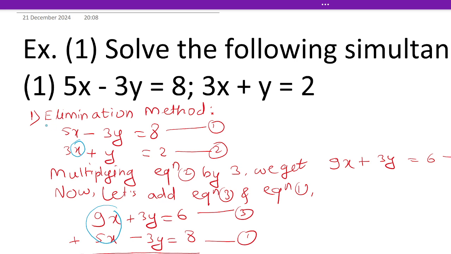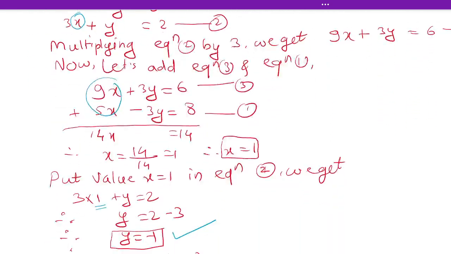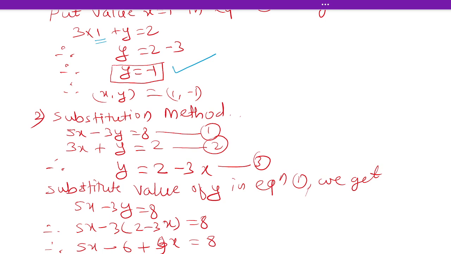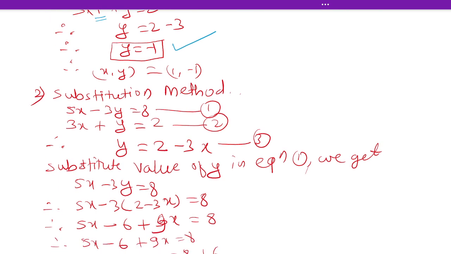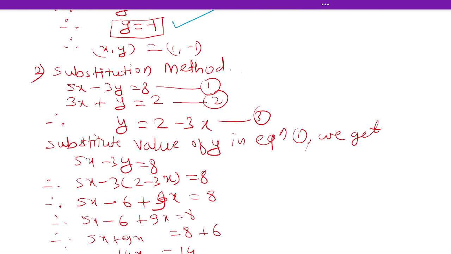So this is my elimination method. Similarly, if I solve this same question with the help of the substitution method, all we have to do here is, first I have just copied the equations, and in the very first step I will isolate any one of the variables. So I am isolating the y variable as y equals to 2 minus 3x.